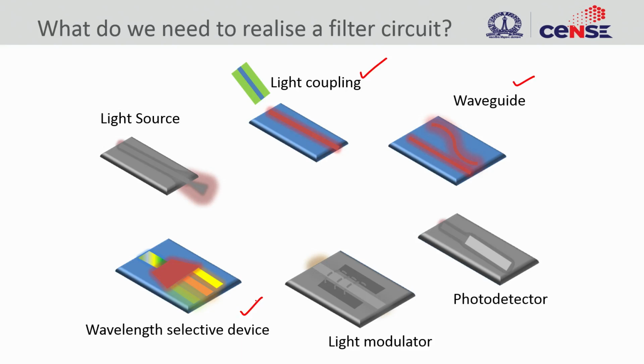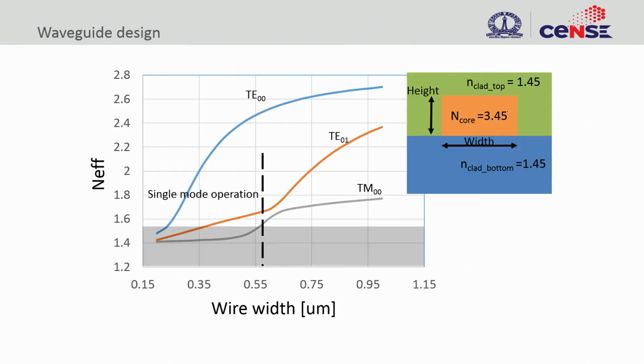This is all we need. We do not need active devices here, no need for photodetectors, modulators or light sources. They are going to be outside. So let us go ahead and see how to build this circuit by developing these three components.